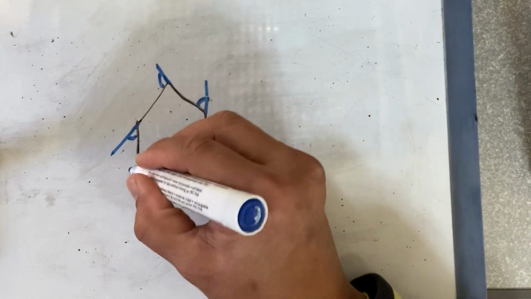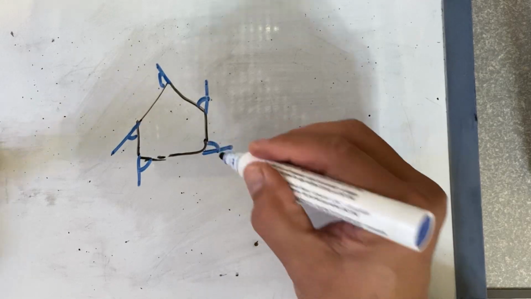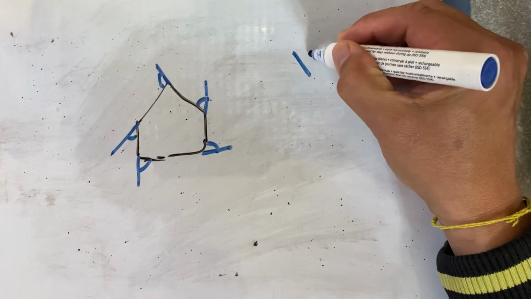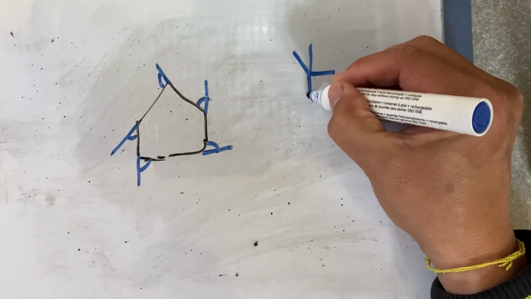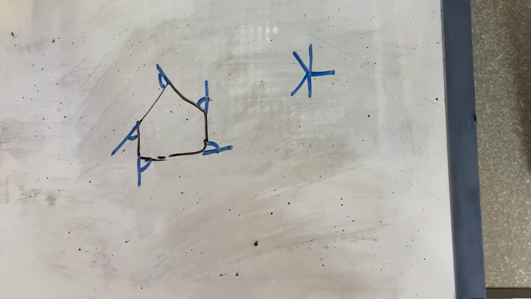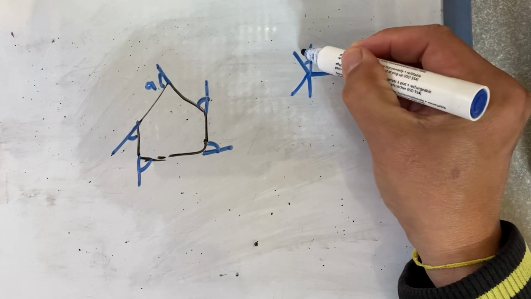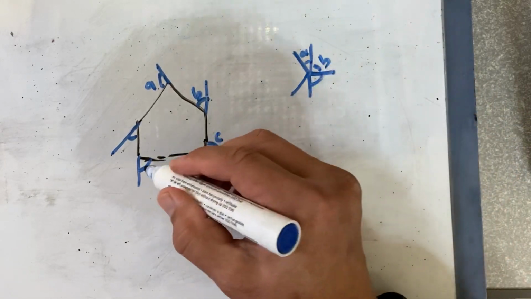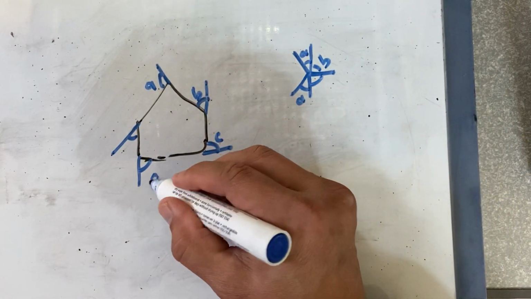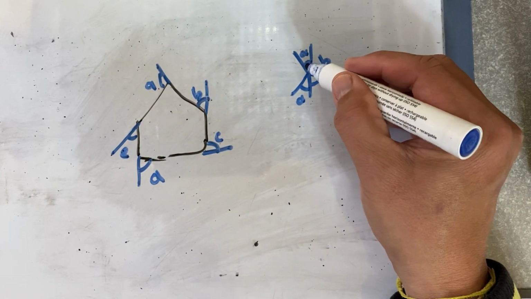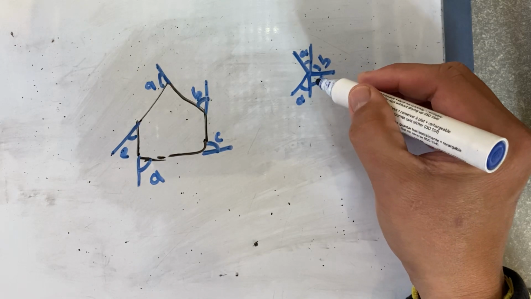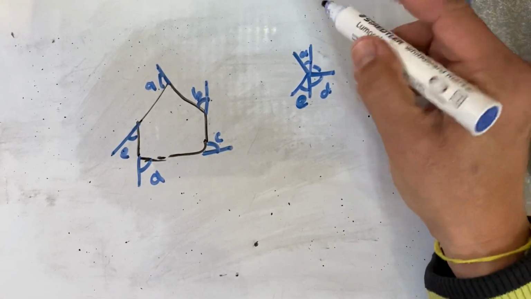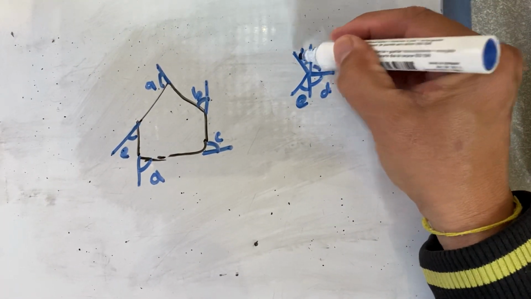If I were to draw the outside of a pentagon, if I were to draw that line, that line, that line, that line, and that line, so this angle is A, that angle is B, that is C, that is D, and that is E.